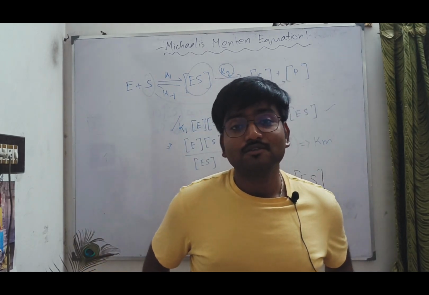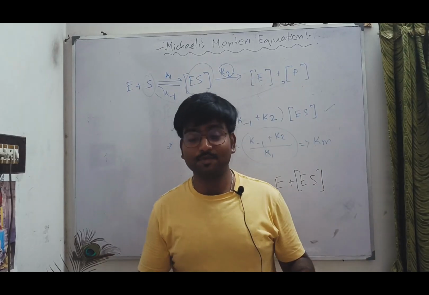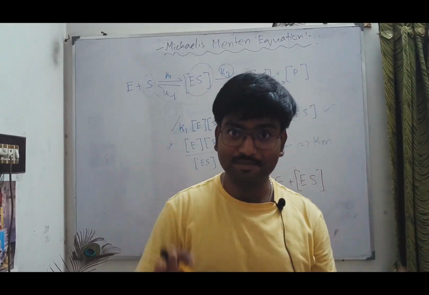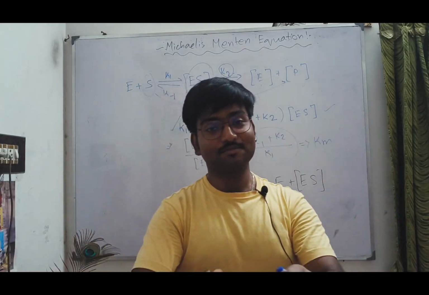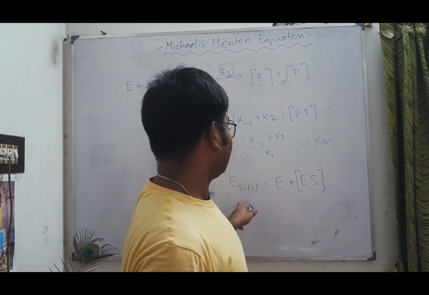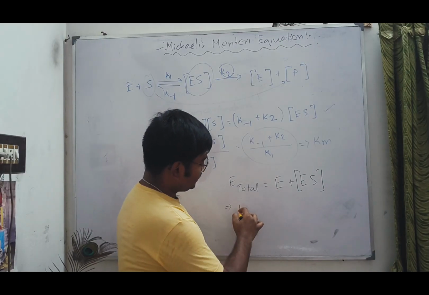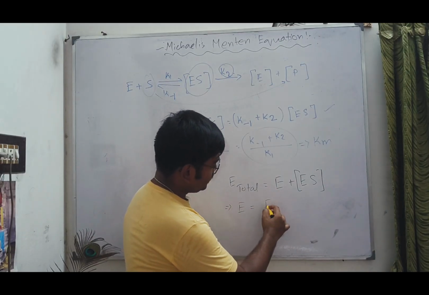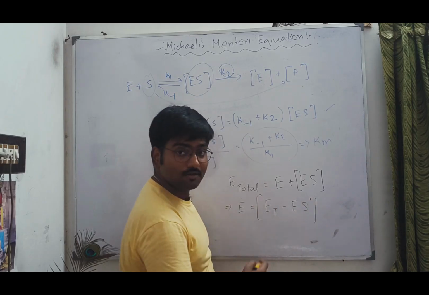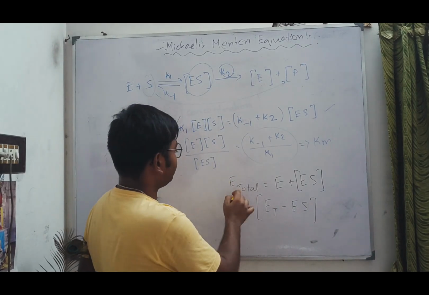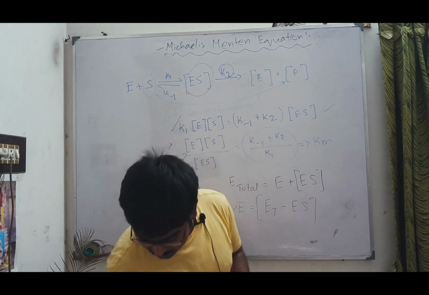E total means total enzyme, because here the main boss is the enzyme, as all the formula is based upon the enzyme. So from here we get that the amount of free enzyme equals E total minus ES. Is it easy? Yes or no? So can I put the value of E here? Yes, I can put the value here.